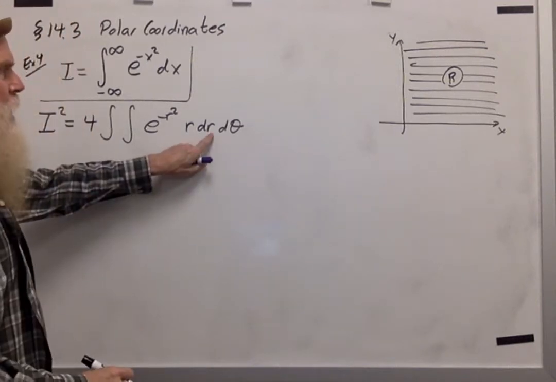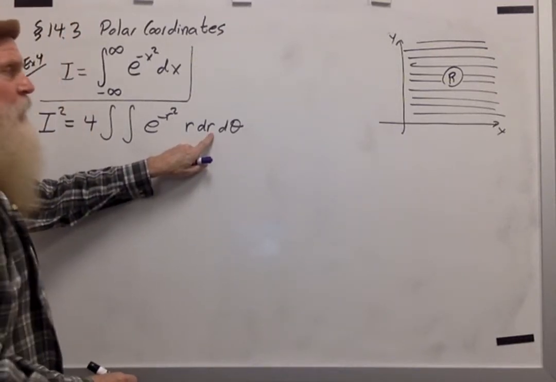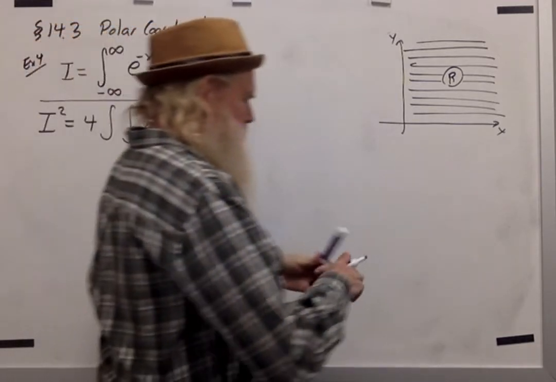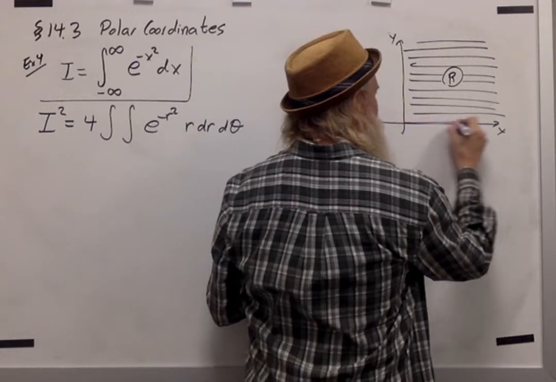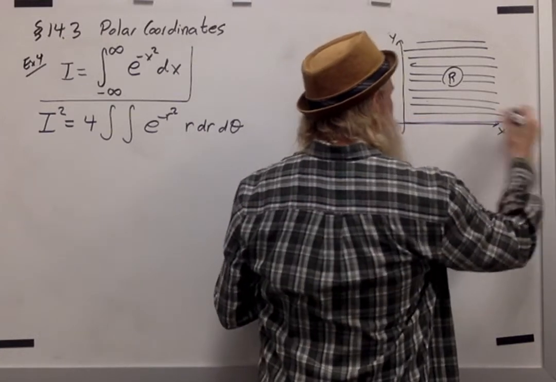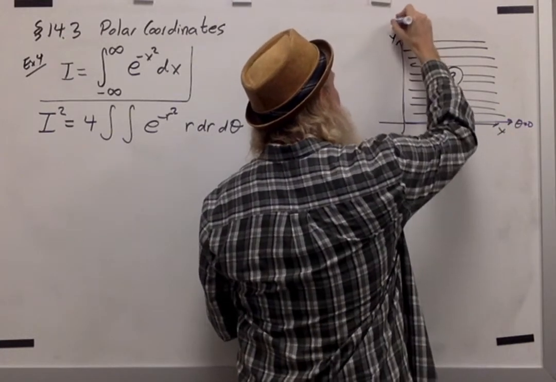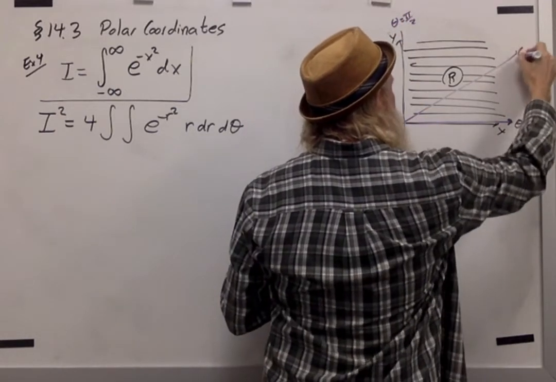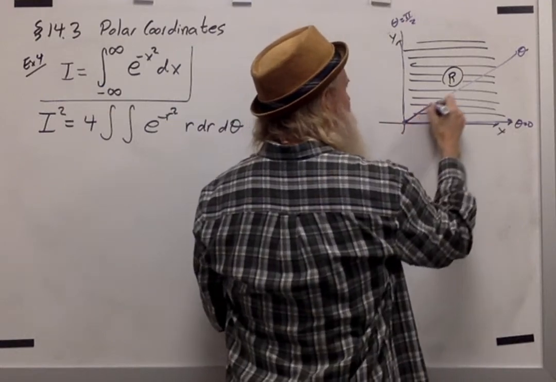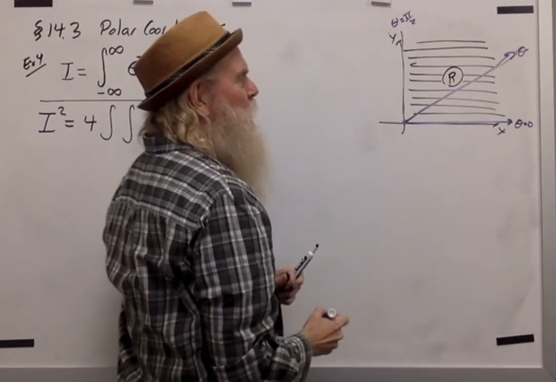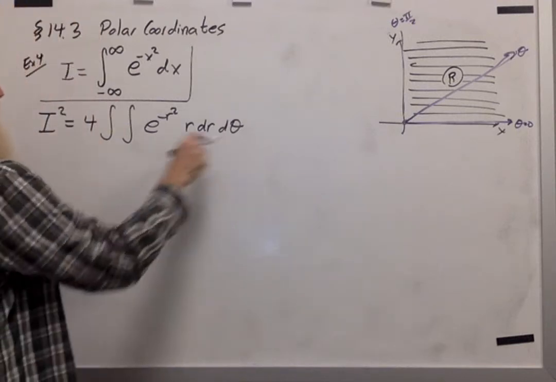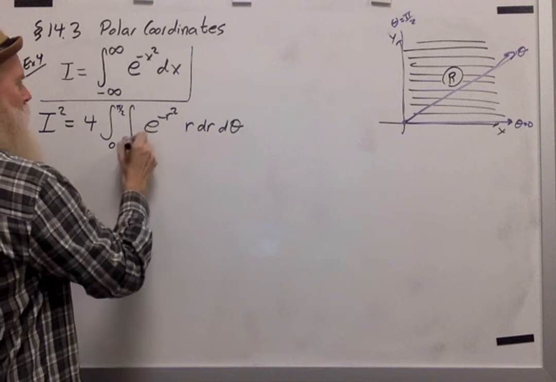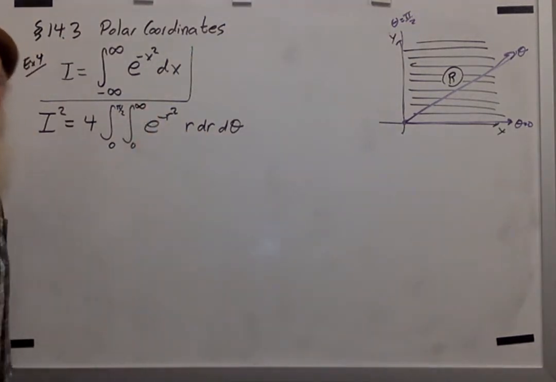Notice that r is going to go from 0 to infinity, and theta is going to go from 0 to pi over 2. Here's theta equals 0. Here's theta equals pi over 2. And for any angle in between, r is going to start at 0, and it's going to go out to infinity. So, saying the bounds, theta is from 0 to pi over 2, and r is 0 to infinity.